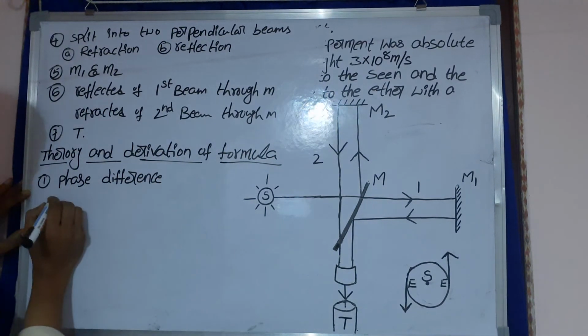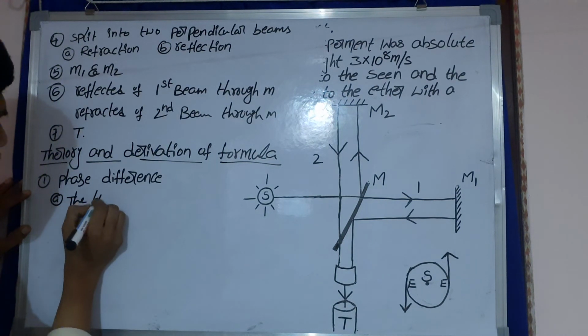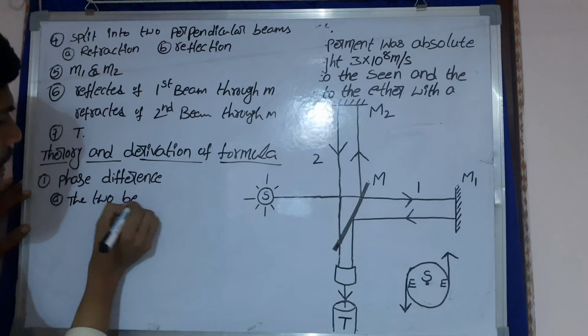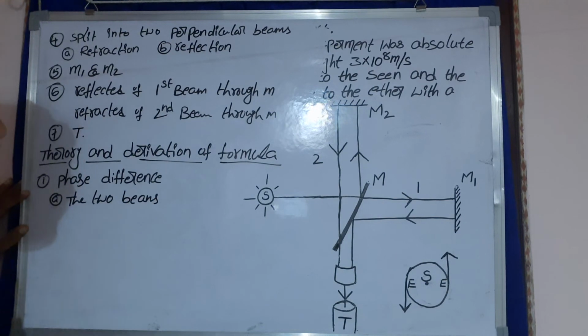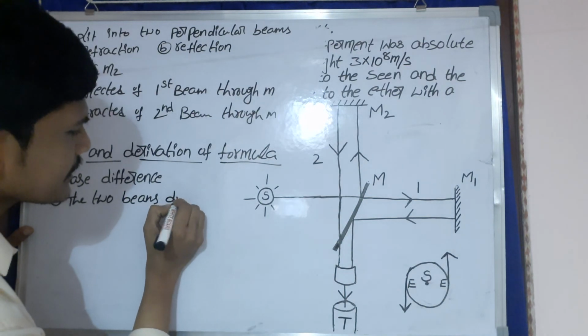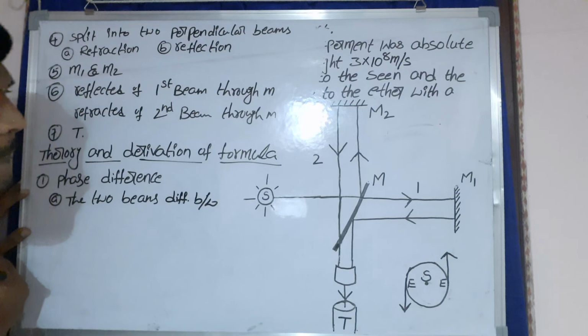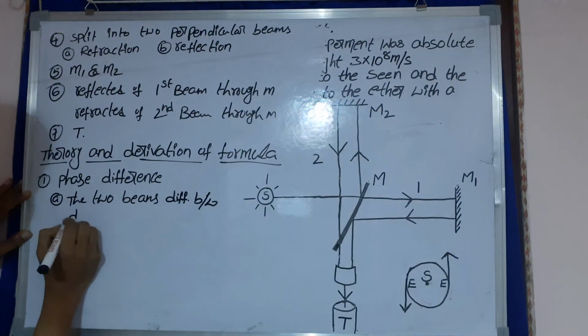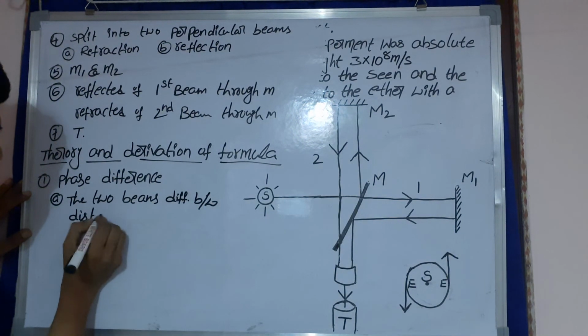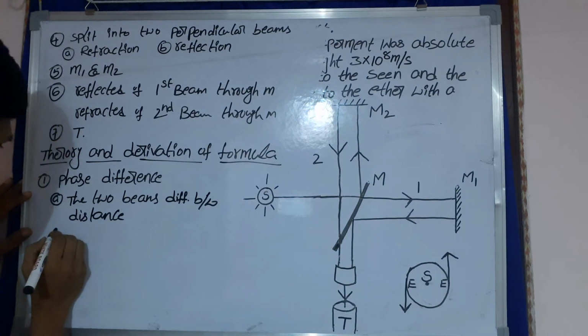The two beams have a difference in distance, and a difference in velocities.